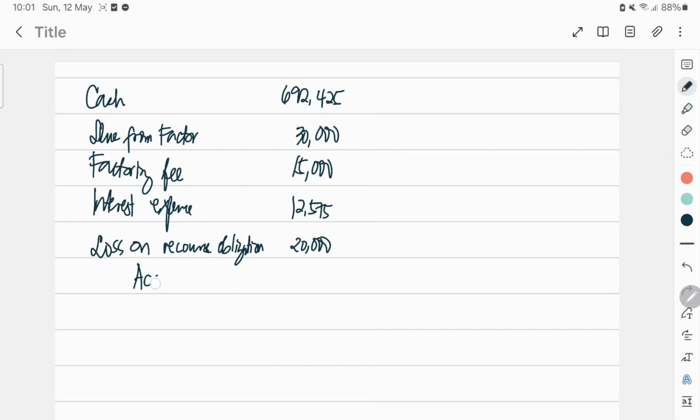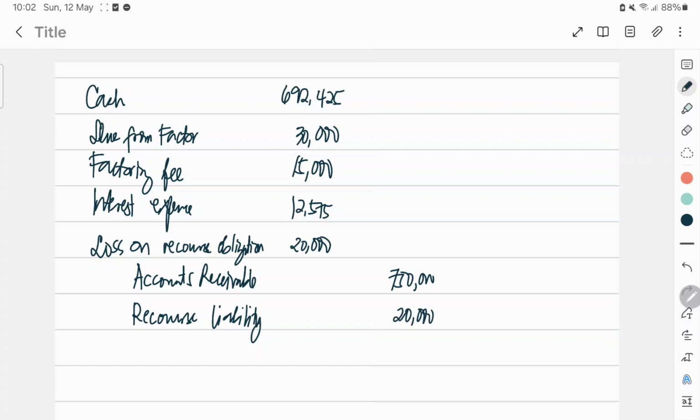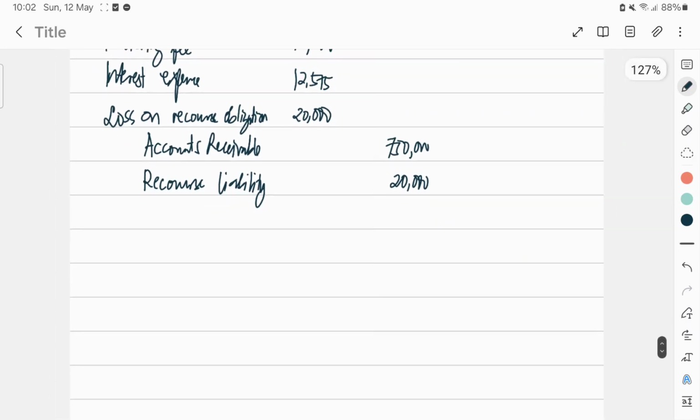And then we credit accounts receivable 750,000. And then since given yung fair value ng recourse liability natin, so we will credit as well recourse liability. Or pwede rin you may use liability to factor. That is 20,000. So kumbaga, kung hindi magbabayad si customer, ang madagdag lang sa loss natin is yung sa recourse obligation.